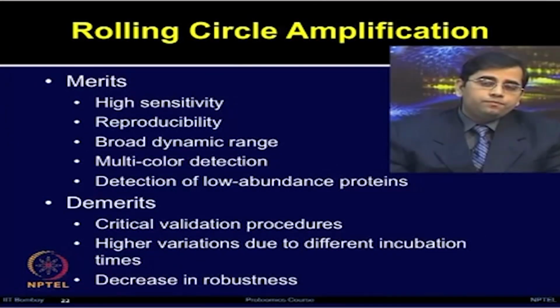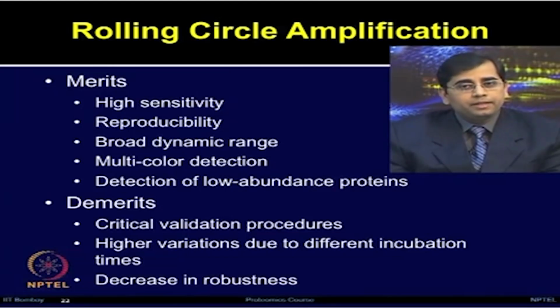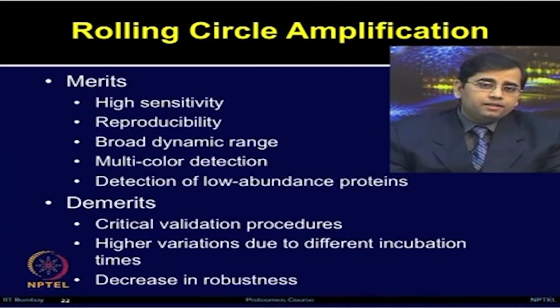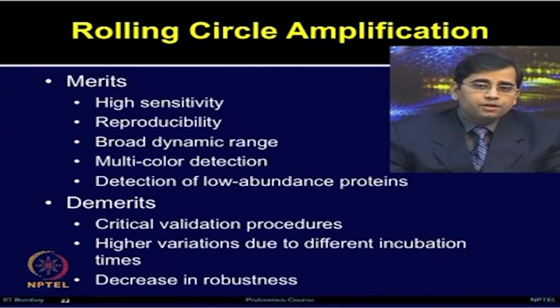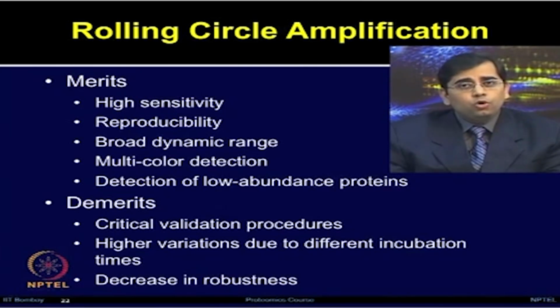The advantages of the rolling circle amplification method as compared to direct and indirect fluorescence labeling include higher sensitivity, reproducibility, a broad dynamic range of detection, multicolor detection, as well as detection of low abundance proteins.